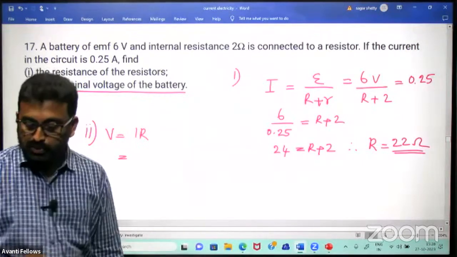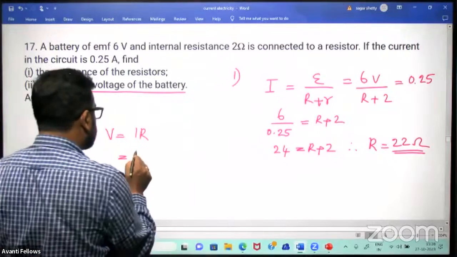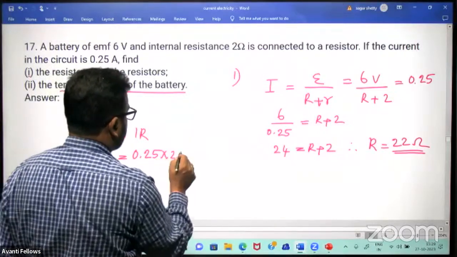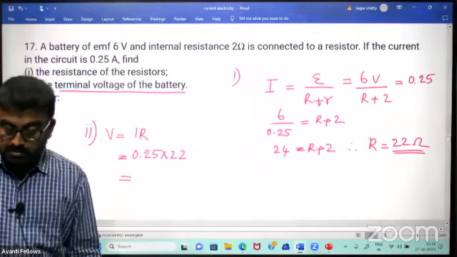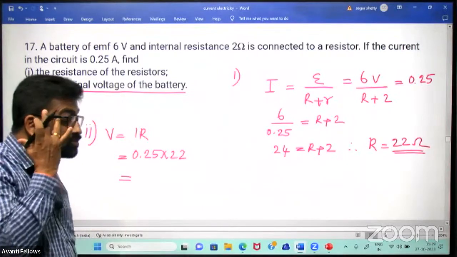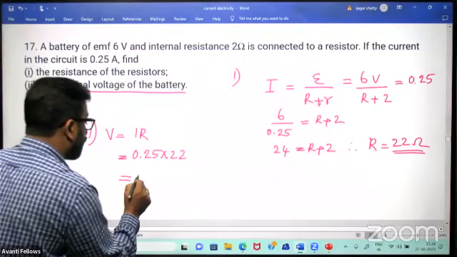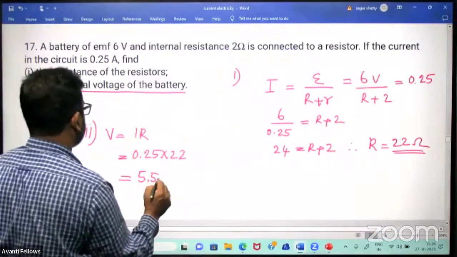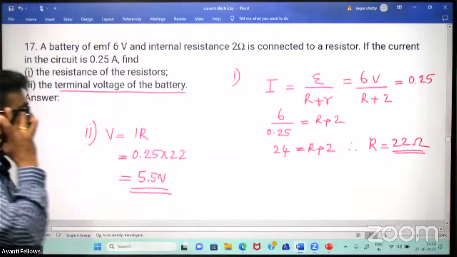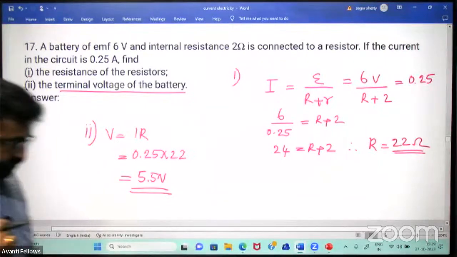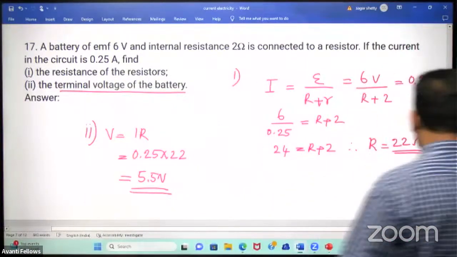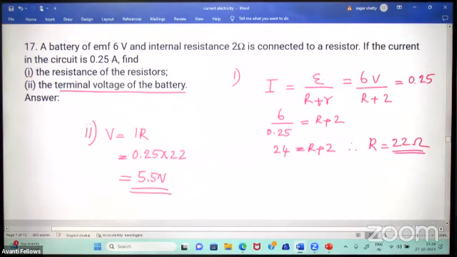R is given there as 22. 0.25 into 22, that will be 5.5 volt. Okay. Just take down this.